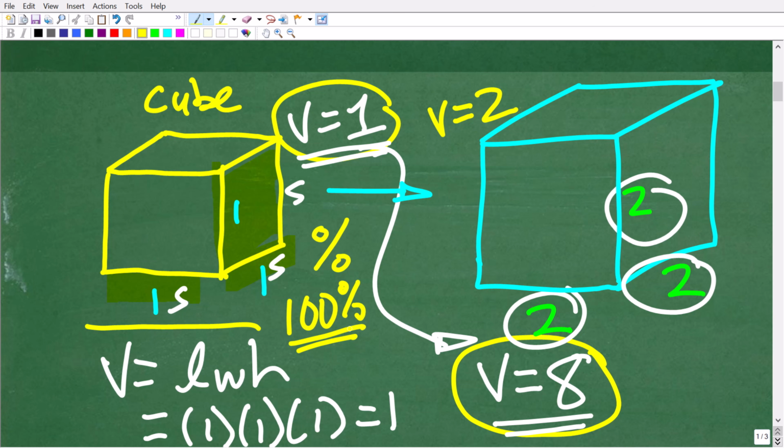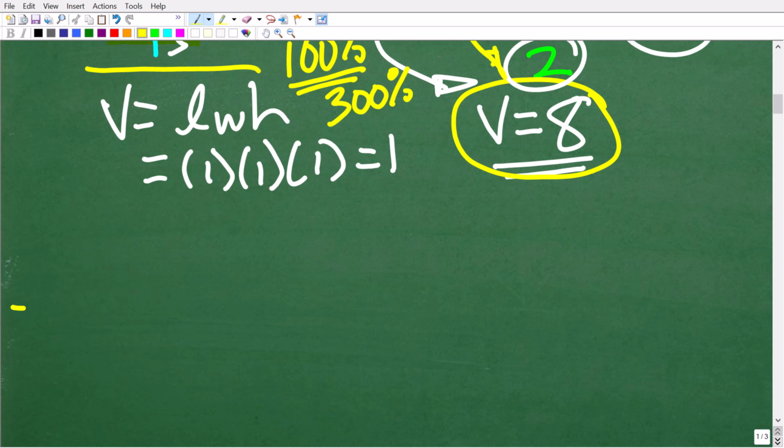But here we have to be very careful because we're looking for the percent of increase starting from 1 going to 8. All right, so we're going to have to do some basic math here to figure out the percent of increase. Okay, so let's talk about how to calculate the percent of increase. So there is a formula, but I like to explain things where you don't have to really remember a formula.